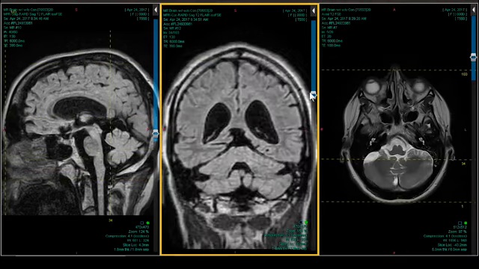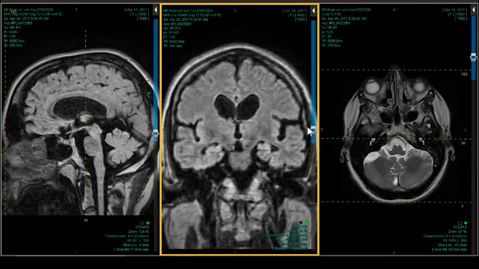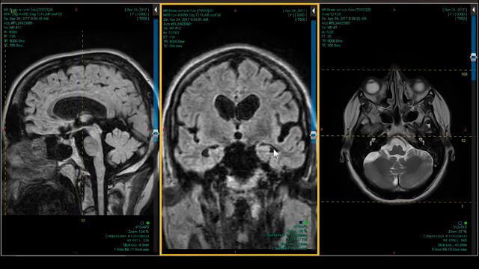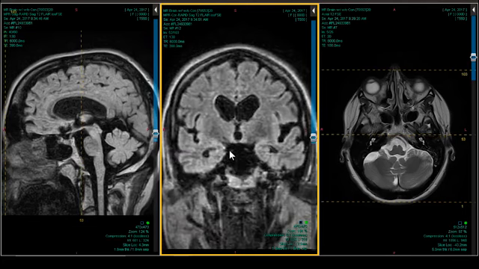I'm going to check out the entorhinal cortex. The patient has atrophy, generalized atrophy, and it does involve the temporal horns this time. It does involve the choroidal fissure, but admittedly, the entorhinal cortex is only mildly atrophic.